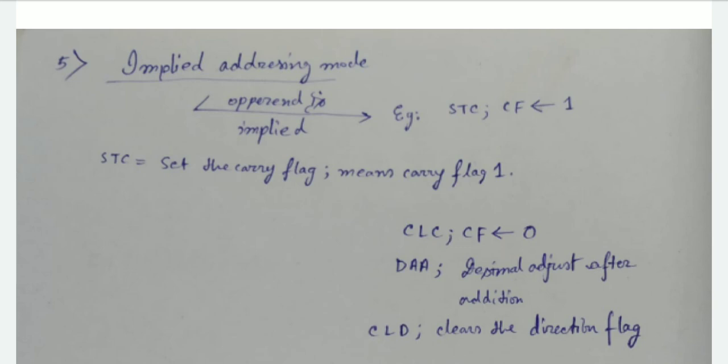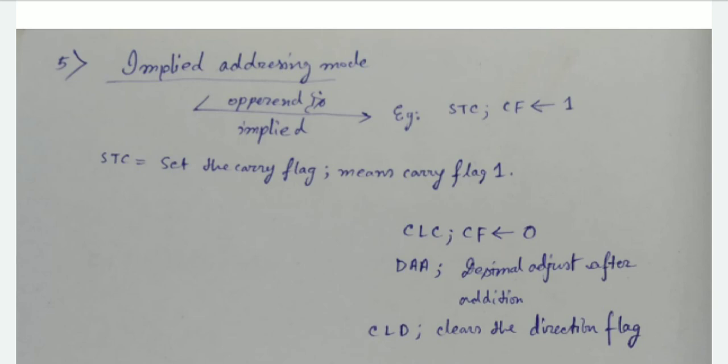Let us take an example, STC. What does it mean? It is the instruction that sets the carry flag. This instruction always sets the carry flag to 1. Then CLC, clear the carry flag.